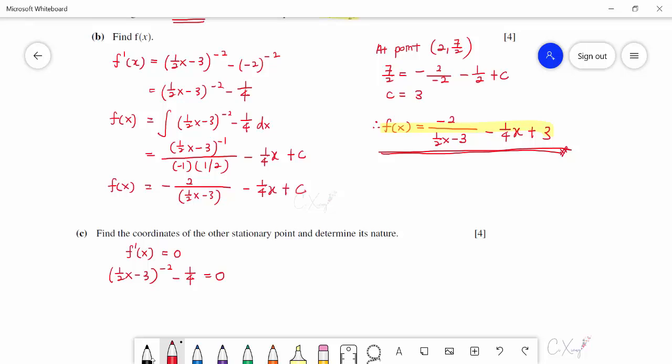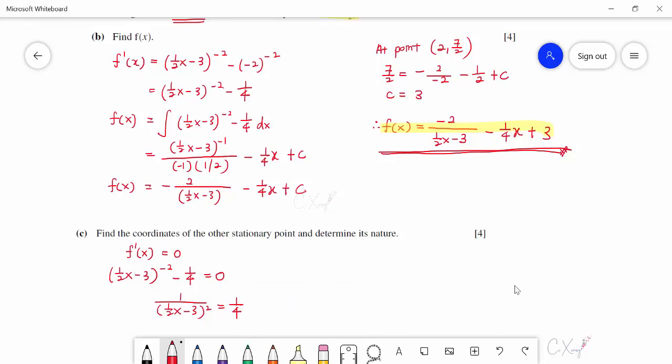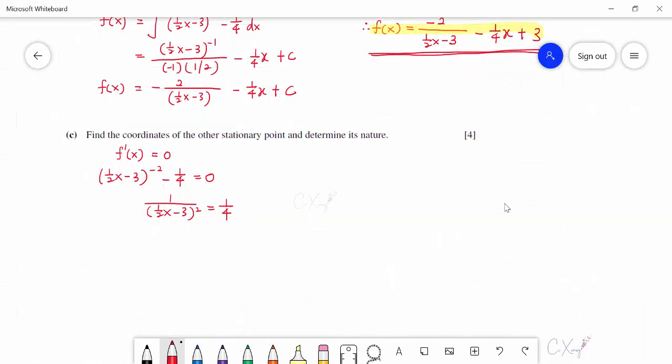Then next, we will have 1 over half x minus 3 squared equals 1 over 4. And after that, I take square root. Or maybe I can rewrite again as half x minus 3 squared equals 4.